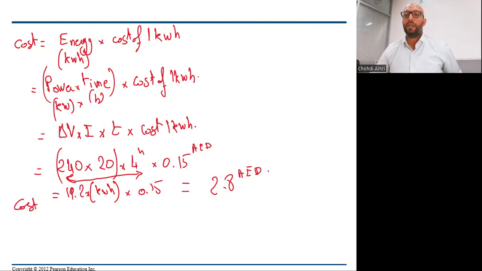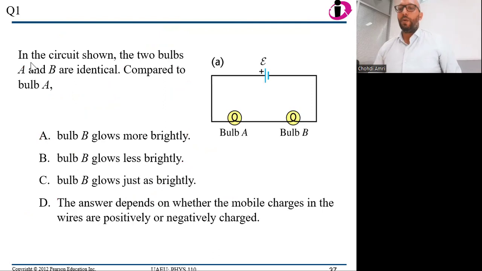Let's take the class activities. In this circuit shown, the two light bulbs A and B are identical. Compared to light A, does light B glow more brightly, less, the same, or is there not enough information? They are identical and connected in series, so they have the same current.